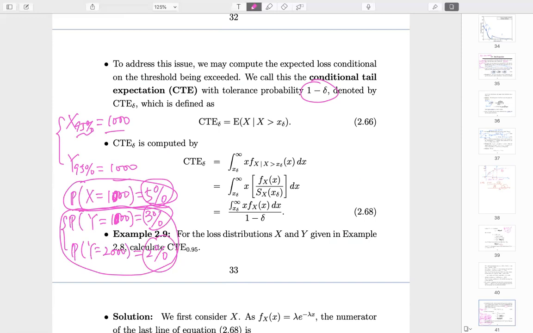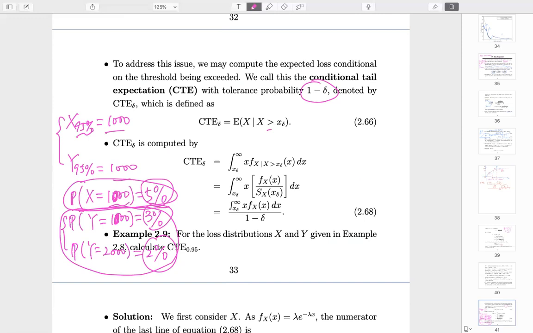But if you look at the CTE, the conditional tail expectation, conditioning on this part, then things are different. Let's assume here I can take equality, because there's another delicate thing we need to be careful of.